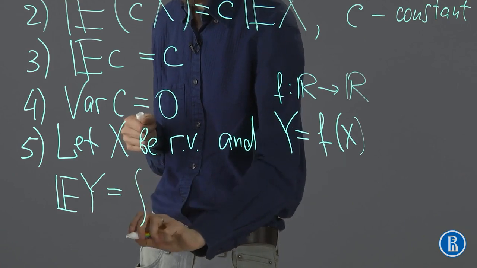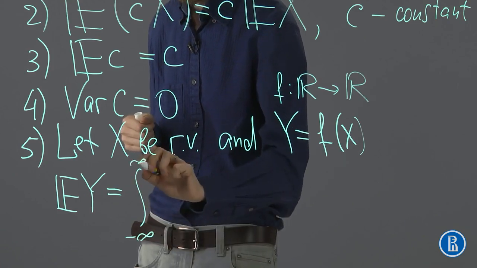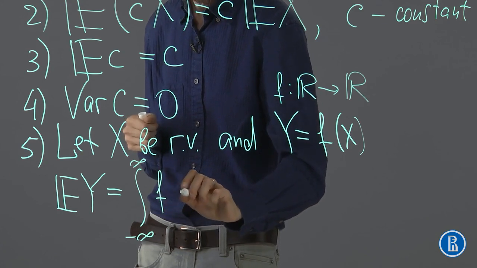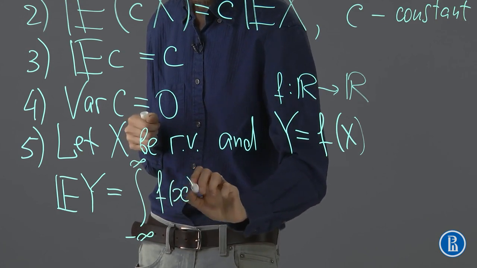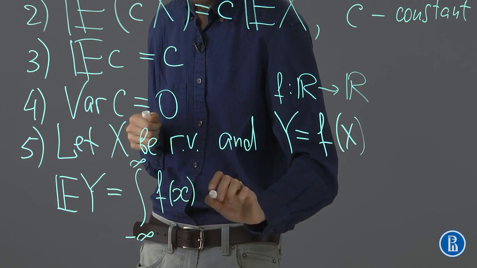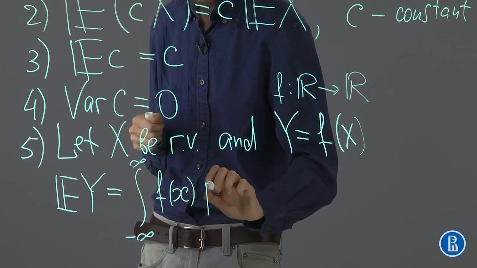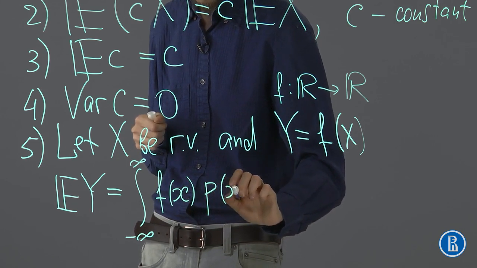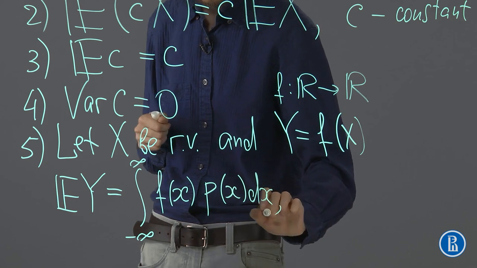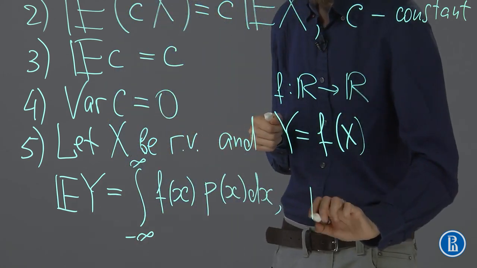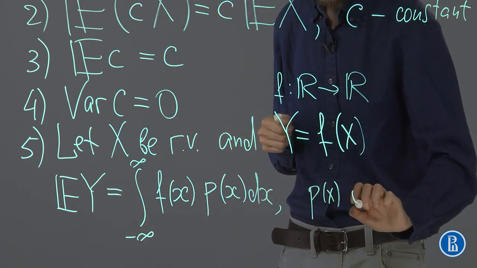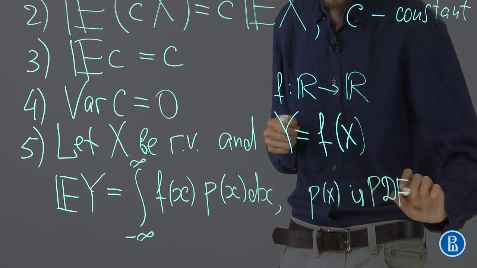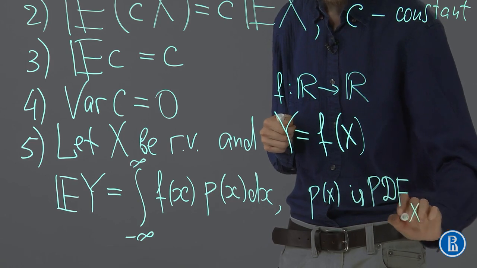This is integral over the whole line of f of x times p of x dx, where p of x is probability density function of X.